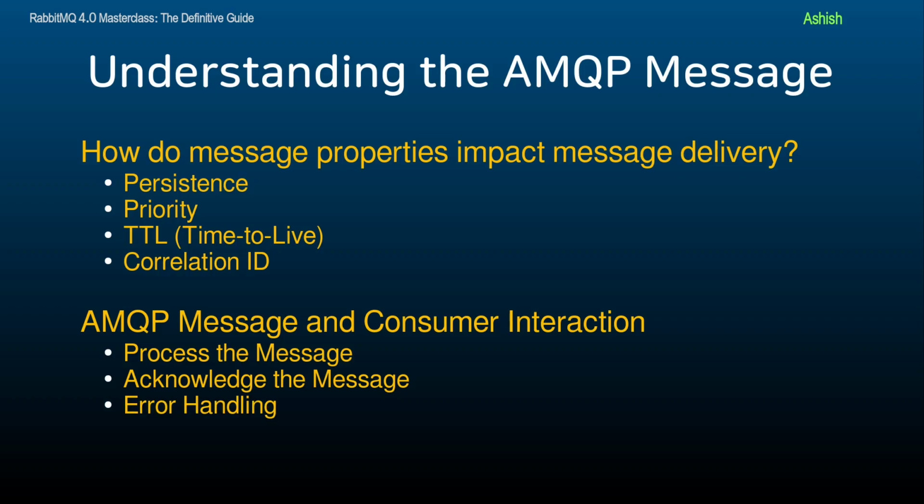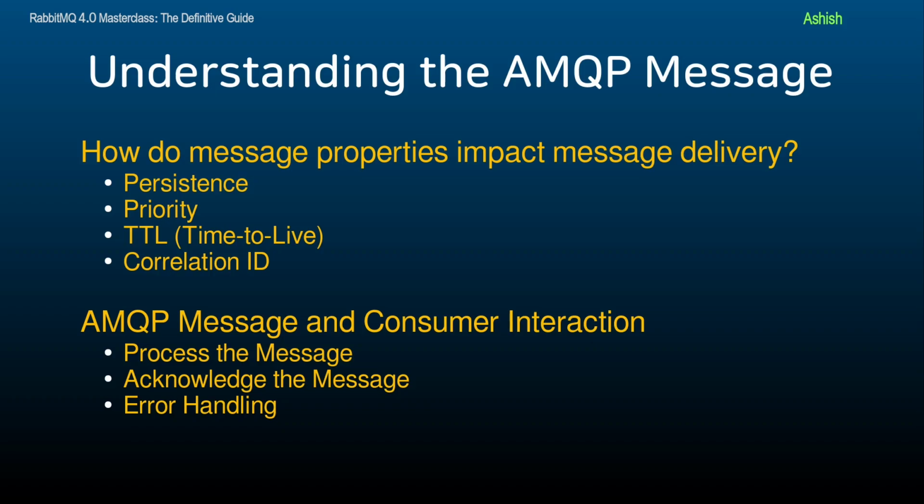And if there is an issue with processing the message, the consumer can send a negative acknowledgement, which is shortened as NACK, N-A-C-K in RabbitMQ. So the consumer can send a negative acknowledgement, NACK, or it may not acknowledge the message, which may cause RabbitMQ to re-queue the message for retry or dead letter it based on the configured behavior in our RabbitMQ server.